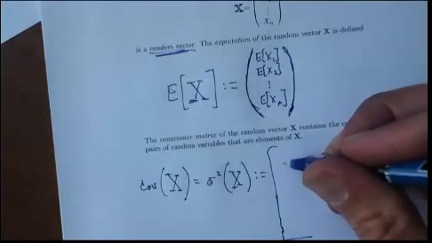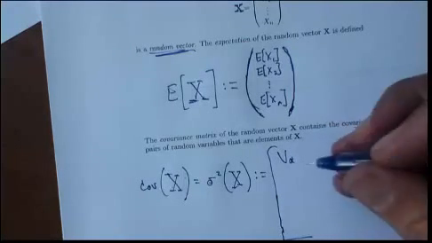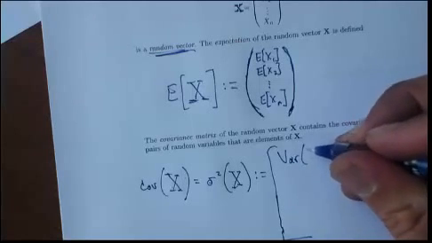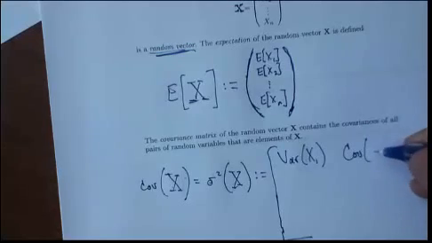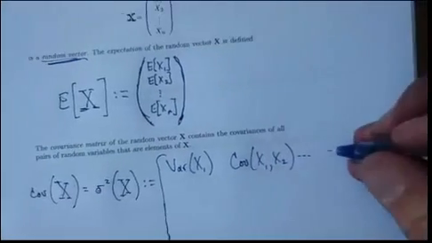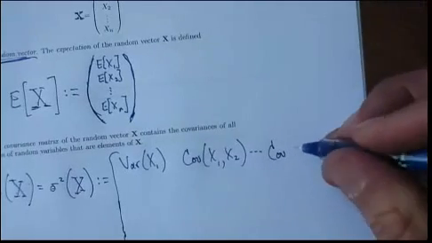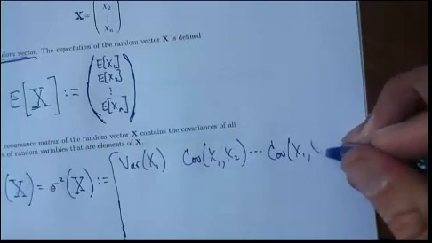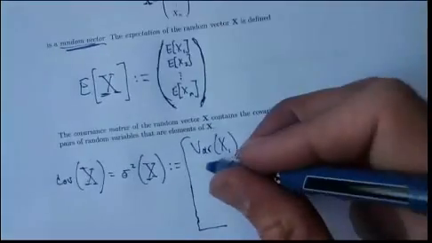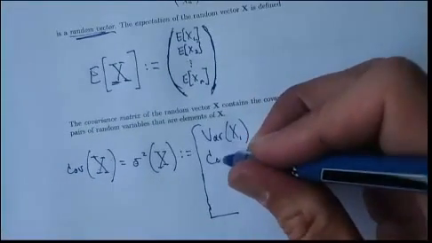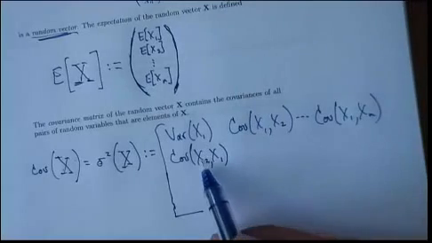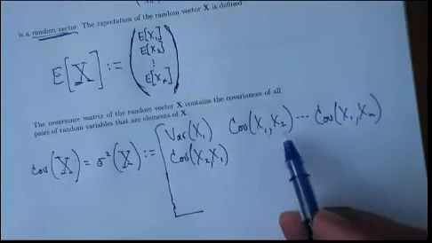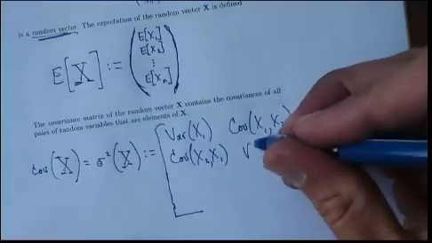Of course, this first one will be just the variance of x1, and I have the covariance of x1 with x2 and so forth, all the way over to the covariance of x1 with xn. These are the random variables. Next over here you have the covariance of x2 with x1. Covariance of x2 and x1 is the same as the covariance of x1 and x2.